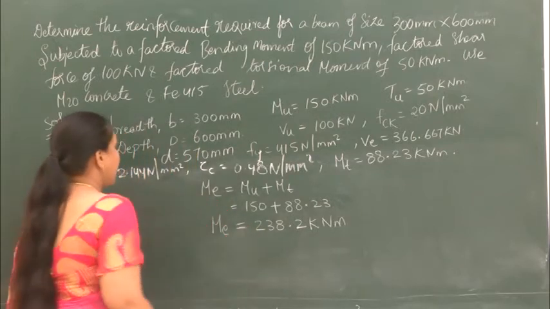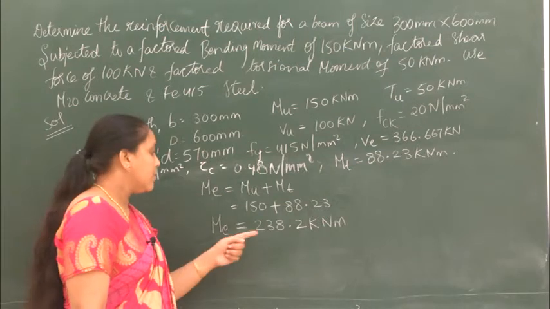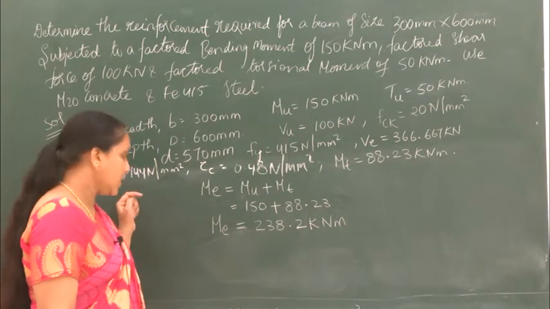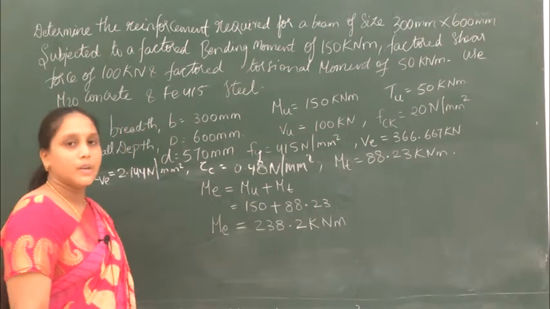So this is going to be our equivalent bending moment ME, which is 238.2 kilonewton meter.